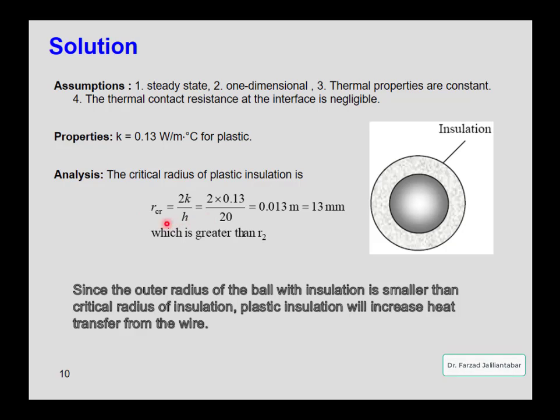We have this equation for critical radius of a spherical shell: r critical equals 2k divided by h. k is the thermal conductivity of the insulating material, divided by h, which was given by the question, is 20. The result of this will be 0.013 meter or 13 millimeter, which is greater than r2.